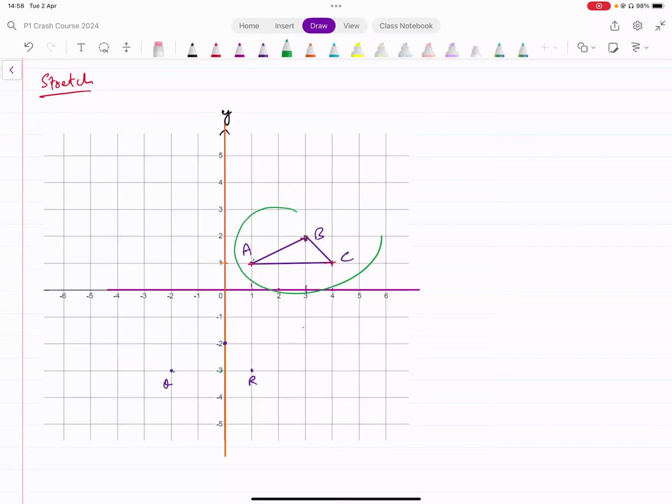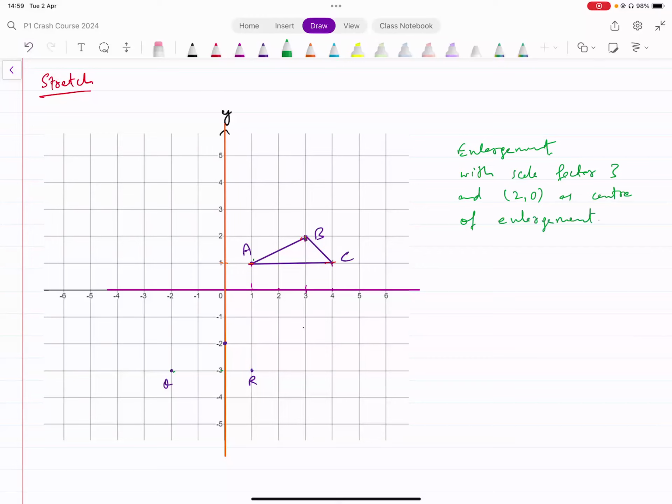So for instance, ABC, if this was the triangle that we're talking about, let's say you had to enlarge it, you have to do enlargement with scale factor 3 and (2, 0) as the center of enlargement.